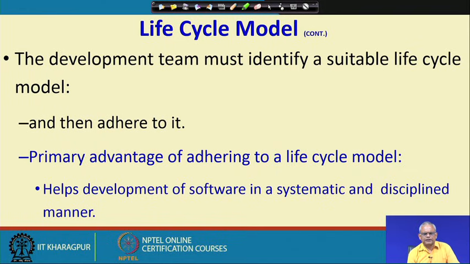Once a written life cycle model is available in an organization, they have identified a suitable life cycle model for the type of projects they do. The developers are asked to understand it fully, and they adhere to it and use it rigorously.